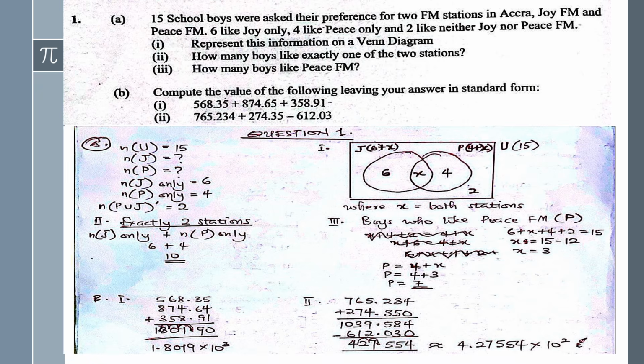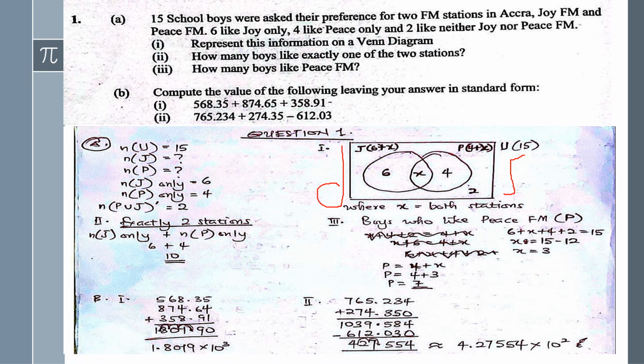We have to represent this on a Venn diagram, find the boys who like exactly one of the two, either Joy only or Peace only, and how many boys like Peace FM.